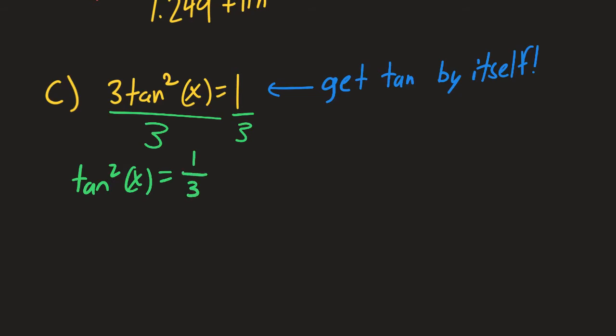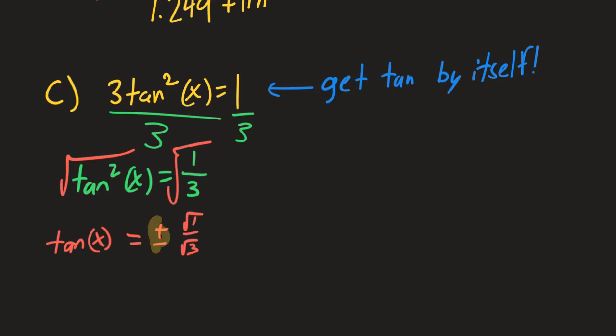Now, I'm going to go ahead and break this tangent squared down as well. We'll take the square root of both sides. And tangent of x equals plus or minus square root 1 over square root 3. I just kind of split up those square roots. But notice, guys, I did make sure to put that plus or minus.